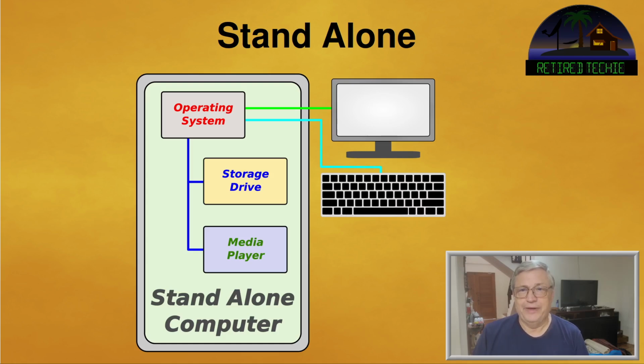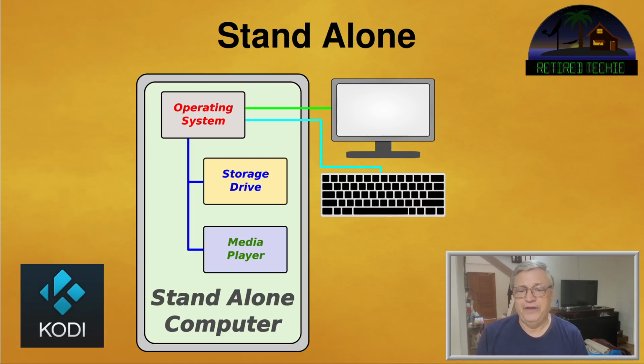But this is the simplest way, and Kodi is a prime example of this sort of system. It's a media player interface. Kodi is a standalone program, so that's an important thing to remember, especially when comparing it to some of the other applications it gets compared to.